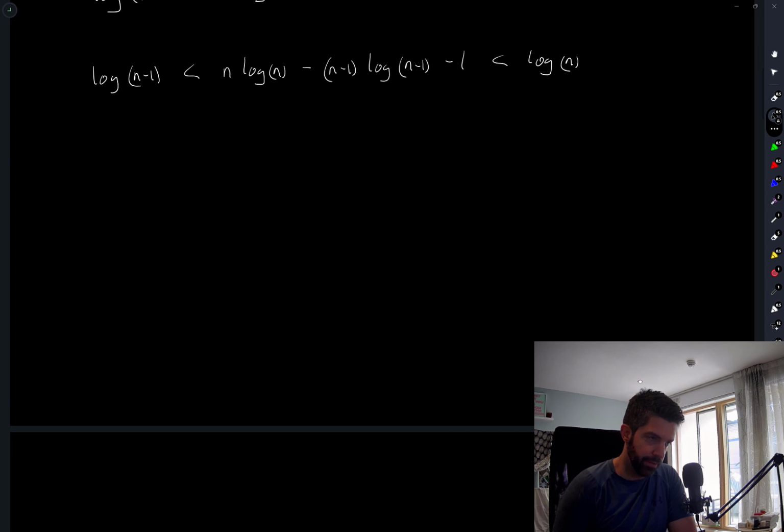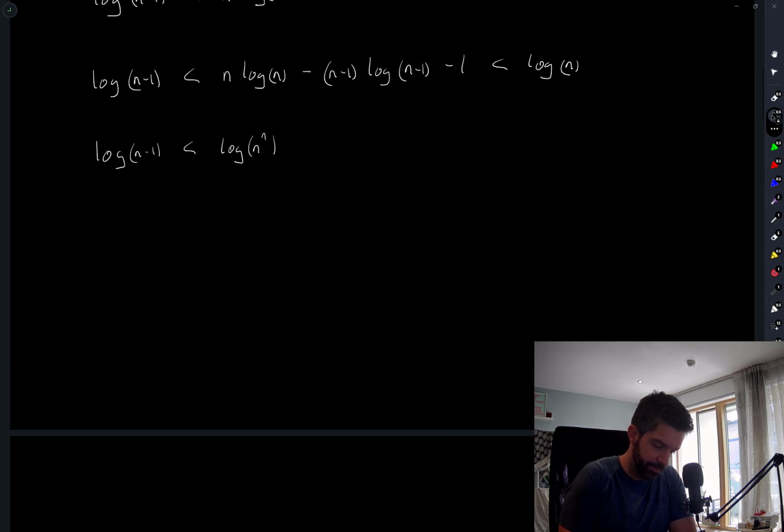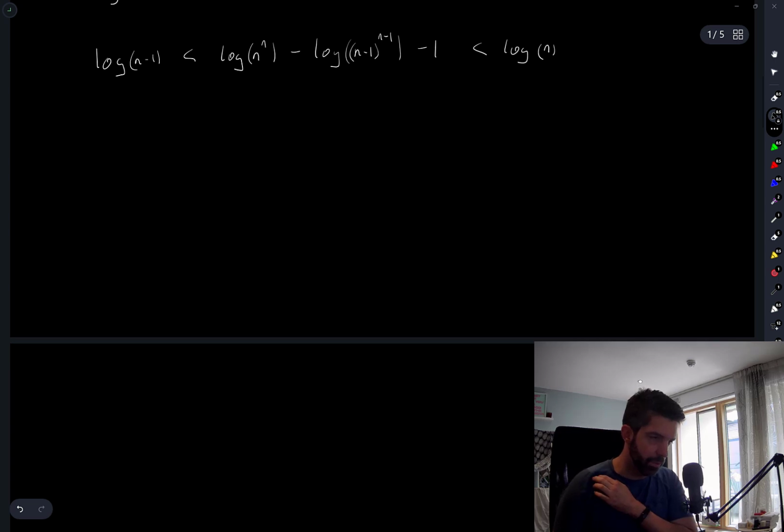I noticed in the thing we're trying to prove, we have things of the form n to the power of n. So bringing this into the exponent might be something that we want to do. And now I'm going to exponentiate all the way through.